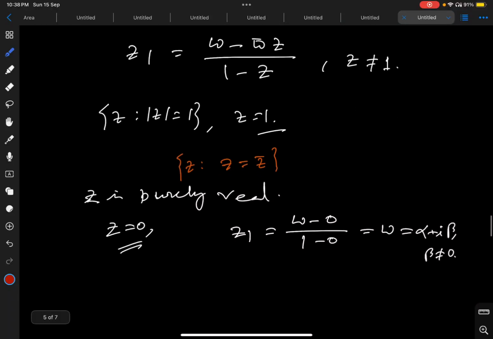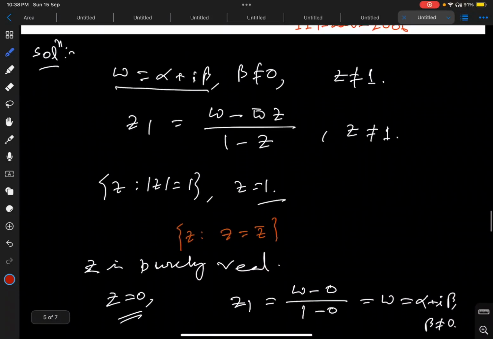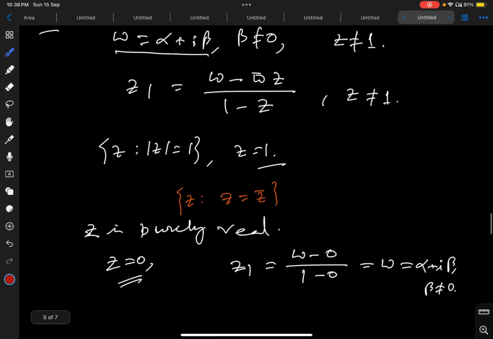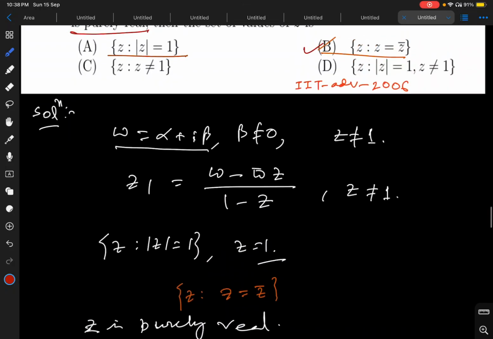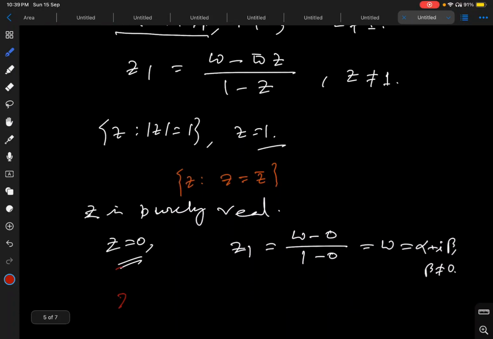But if we take from the condition of B that z is equal to 0, then z1 becomes imaginary. So option B is incorrect, since z1 is an imaginary number.